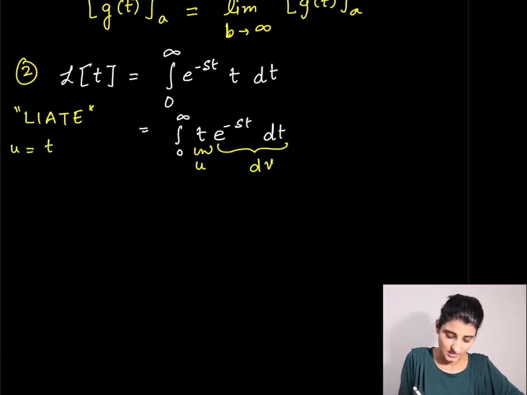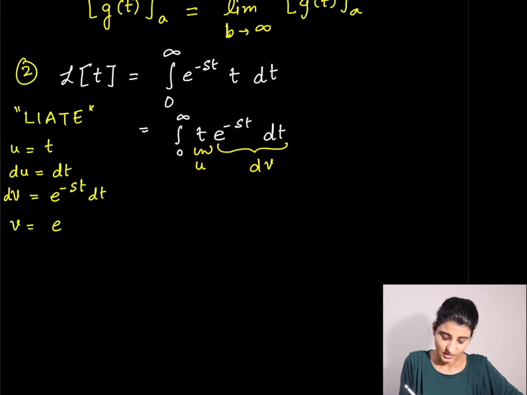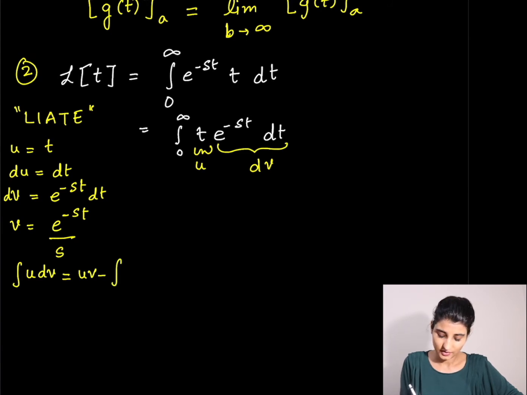So u is t, so du is equal to dt. dv is e^(-st) dt, so v is equal to e^(-st) divided by negative s. Our integration by parts rule is the integral of u dv equals uv minus the integral of v du.